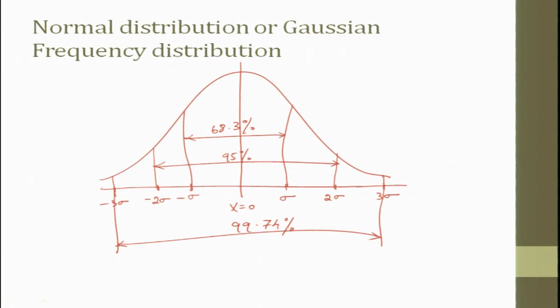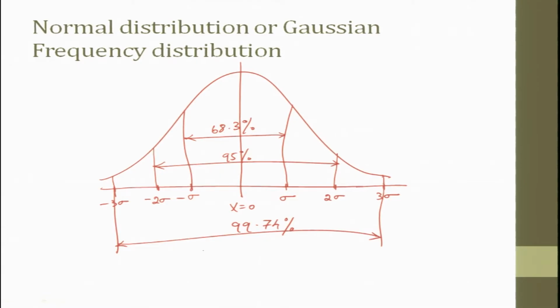If you look at it, this is a typical binomial distribution or a Gaussian frequency distribution curve. In this curve, this is the mean and these are sigma. Sigma is nothing but a standard deviation. I take 1 sigma here, minus 1 sigma, the gap is called 2 sigma.